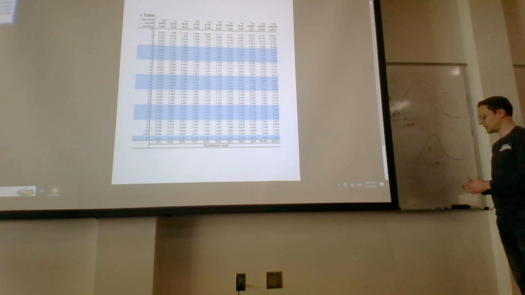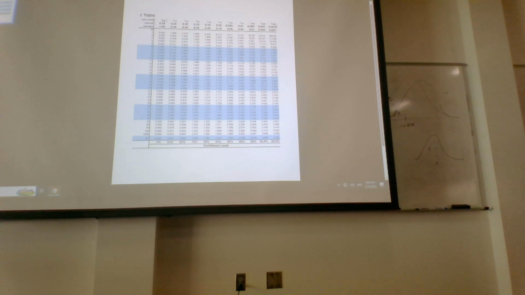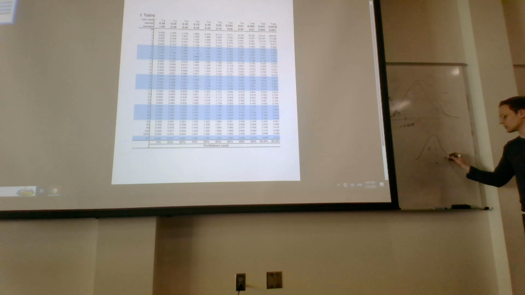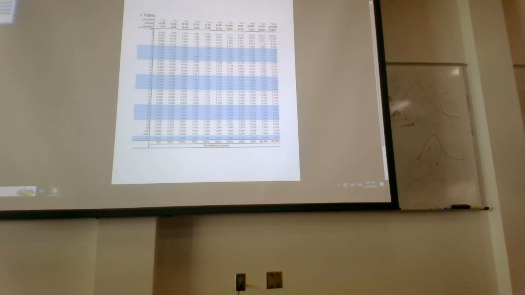That's your t value. The cumulative probability is 75%, 0.7, 80%, 0.8, 85%, 1.1. So you see how t is getting farther and farther to the right as we increase our cumulative probability. So it's a little different to read than the z table.